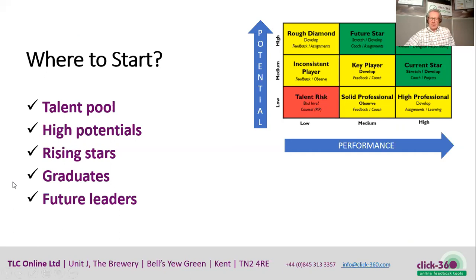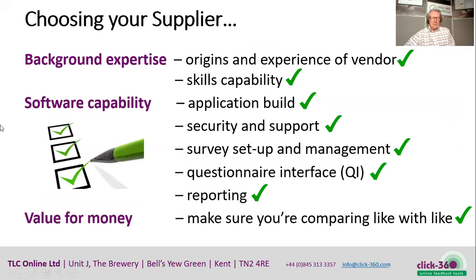Okay, so we moved from that to talk about what we call a supplier checklist. We're talking here about how to choose your supplier. You need to ask yourselves if you purely want an application to run your surveys on, in which case you have a lot of choice, or whether in addition you want expert advice around the whole implementation.